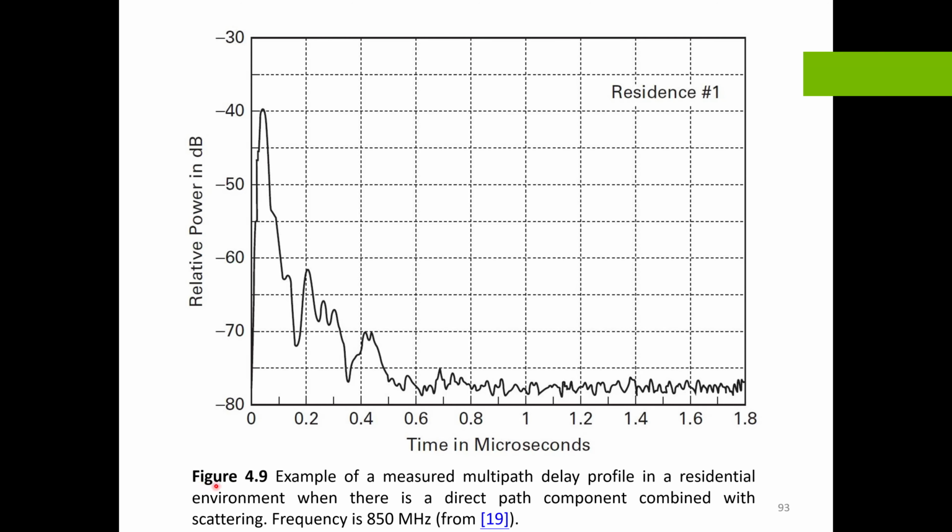So figure 4.9 shows an example of a measured multi-path delay profile in a residential environment when there is a direct path component combined with scattering. Frequency is 850 MHz. It is from reference 19. Let us see reference 19.